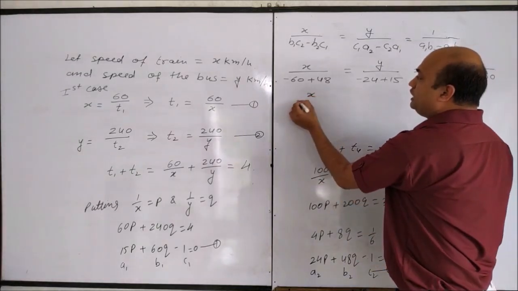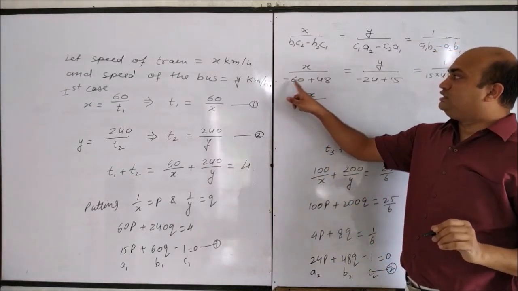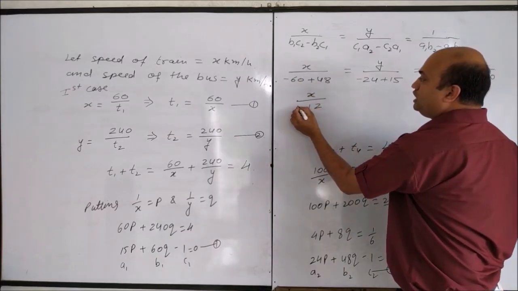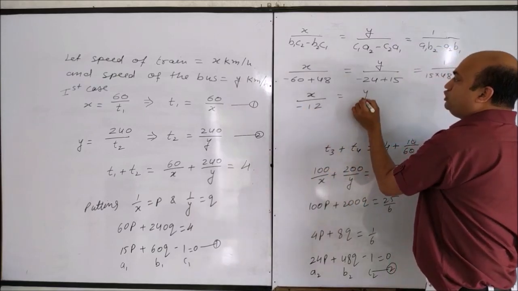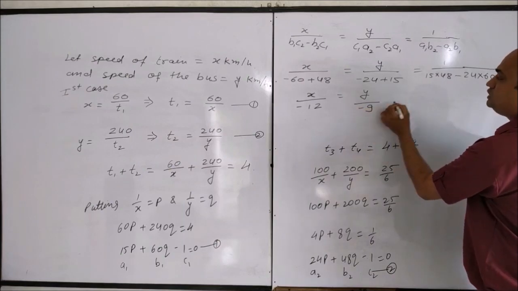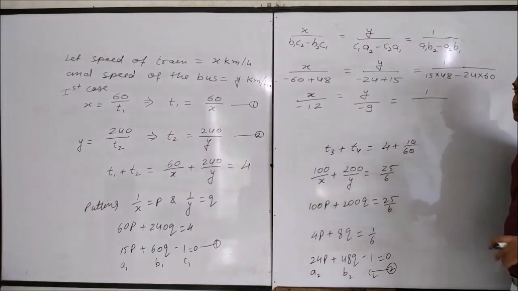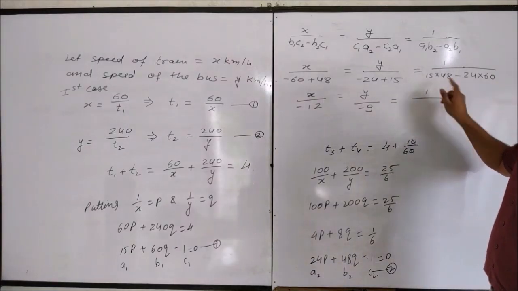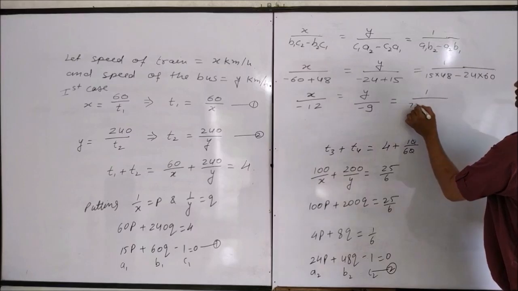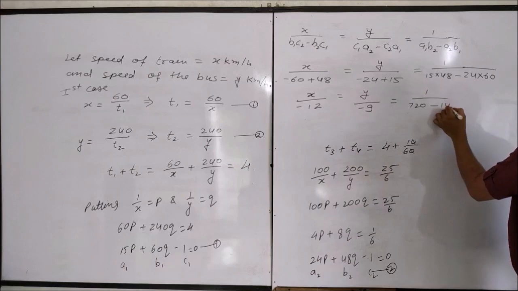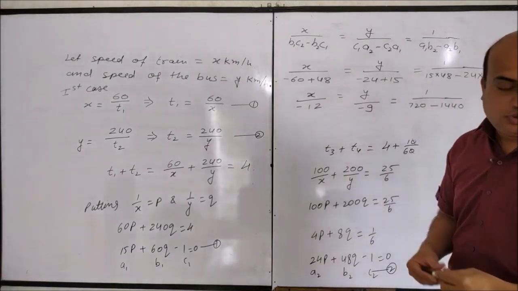It is x upon minus 60 plus 48 will be minus 12, and minus 24 plus 15 is minus 9, and this will be, just multiply. We multiply 15 into 48, 15 into 48 is 720, and 24 into 60 we multiply, we will get 1440.